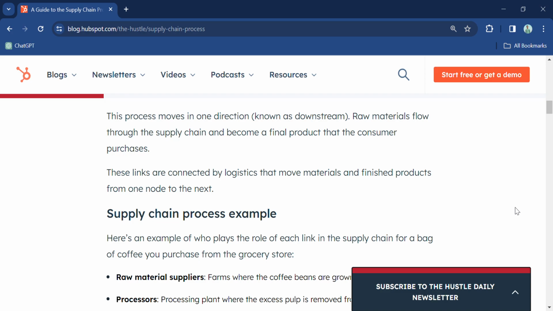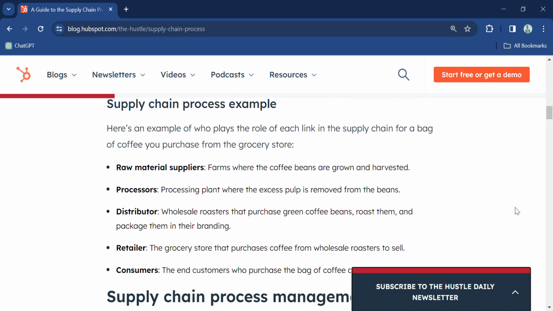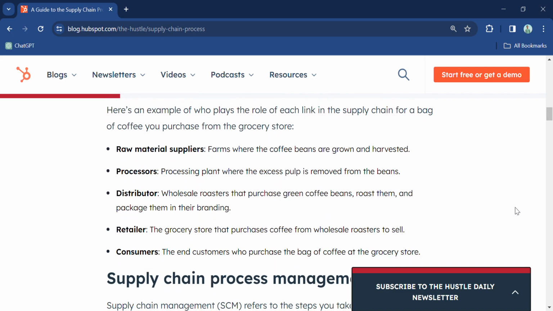Supply chain process example. Here is an example of who plays the role of each link in the supply chain for a bag of coffee you purchase from the grocery store. Raw material suppliers: farms where the coffee beans are grown and harvested. Processors: processing plant where the excess pulp is removed from the beans.